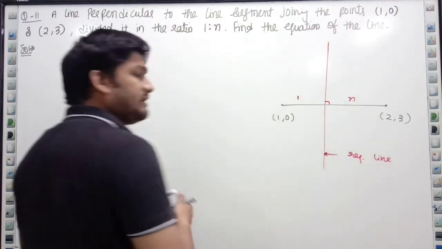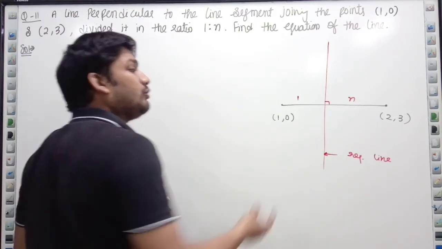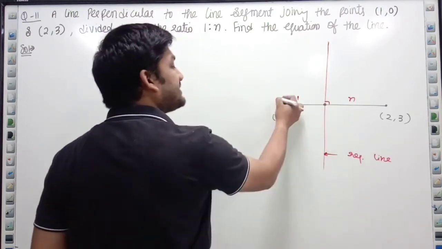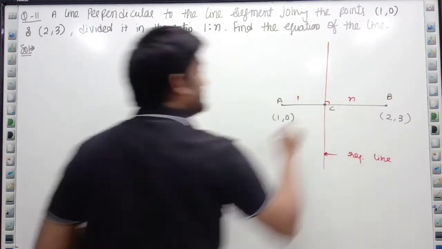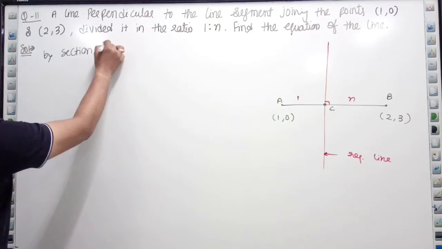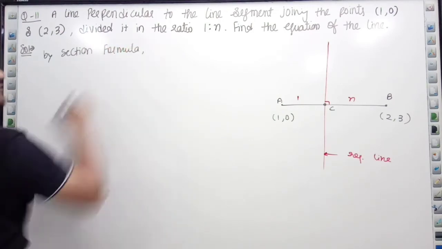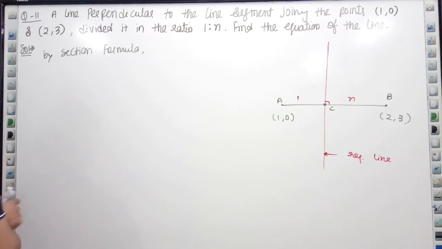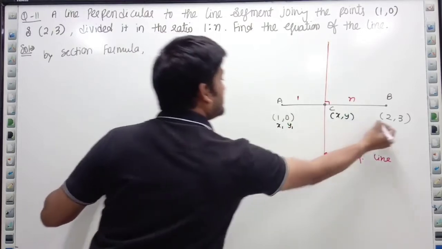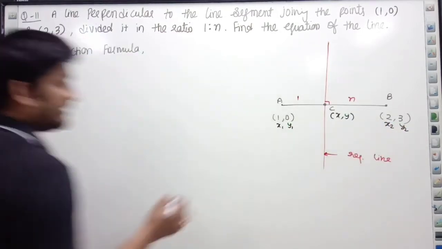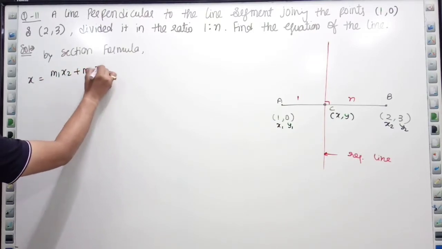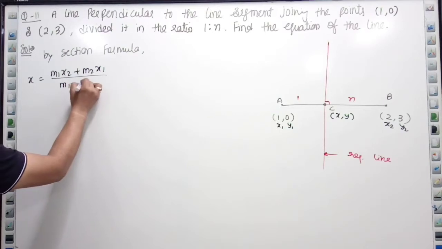What do we know about this line? The first thing is we can calculate the coordinate of the point. Can I find the coordinate by the section formula? Yes, so I am applying the section formula. This is x, y, this is x1, y1, this is x2, y2. X equals m1 x2 plus m2 x1 upon m1 plus m2.